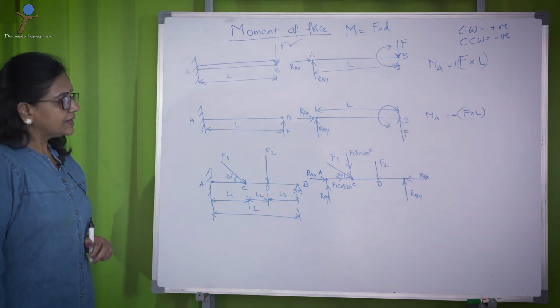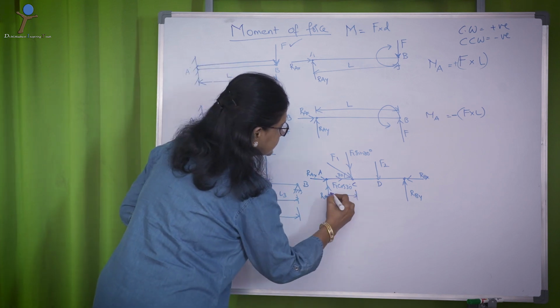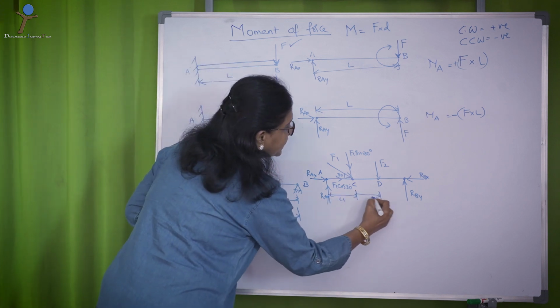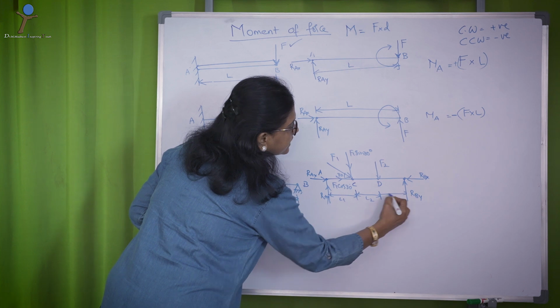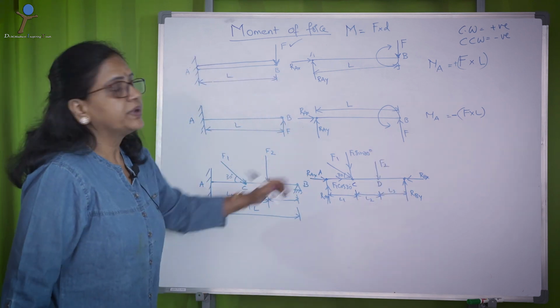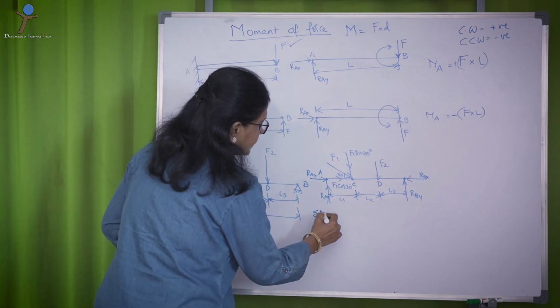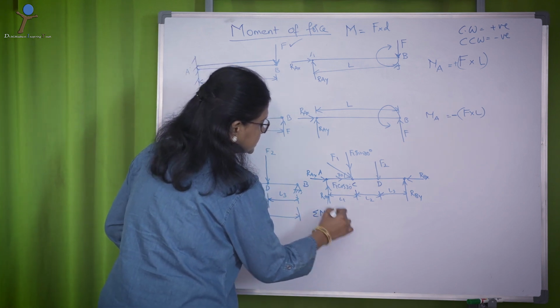Now, let me explain to you the moments both at A and B. Now, suppose I take moment about A, that means sigma MA equal to 0.